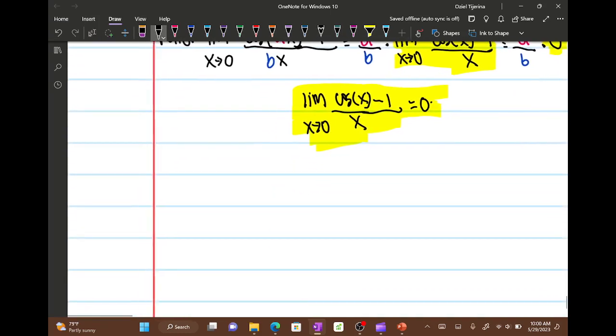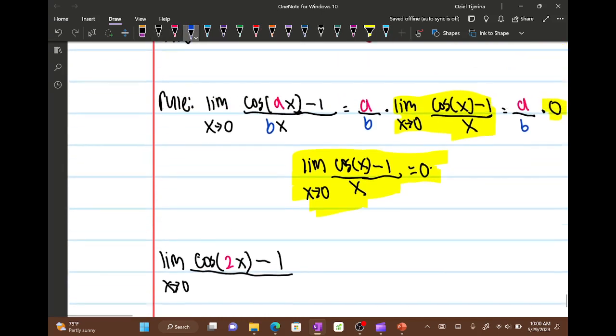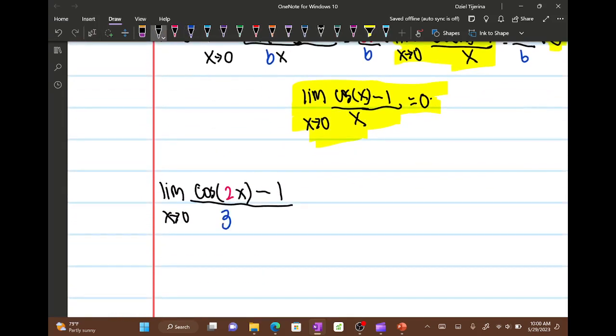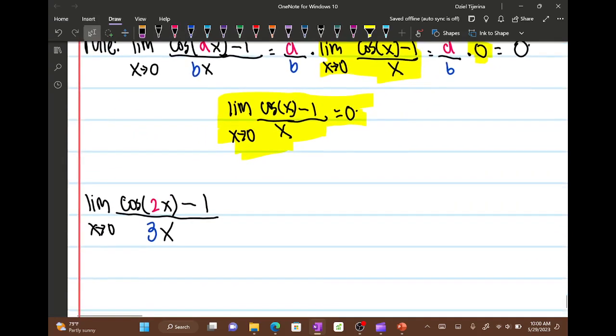So I'm going to say the limit as x approaches 0 of cosine of 2x minus 1 over 3x is actually going to be equal to 2 over 3 times the limit as x approaches 0 of cosine of x minus 1 all over x.